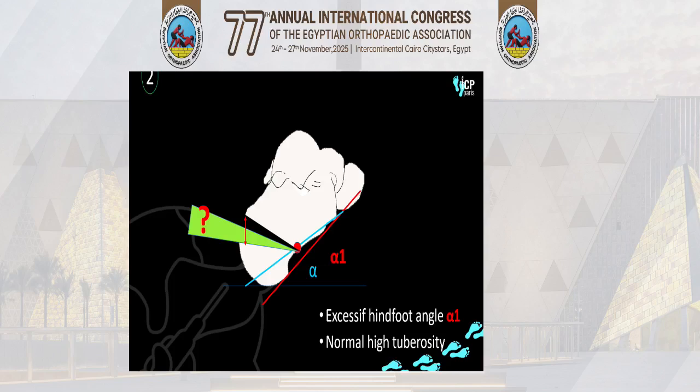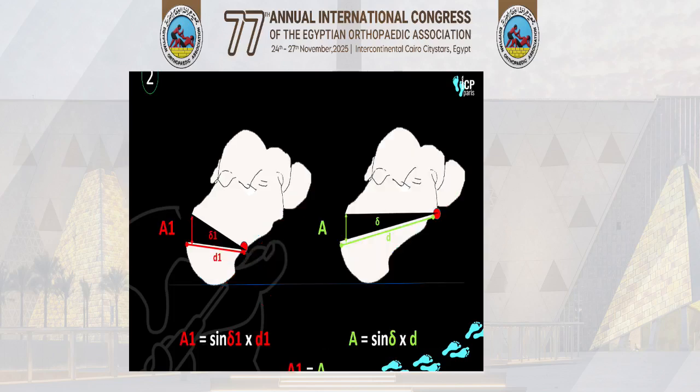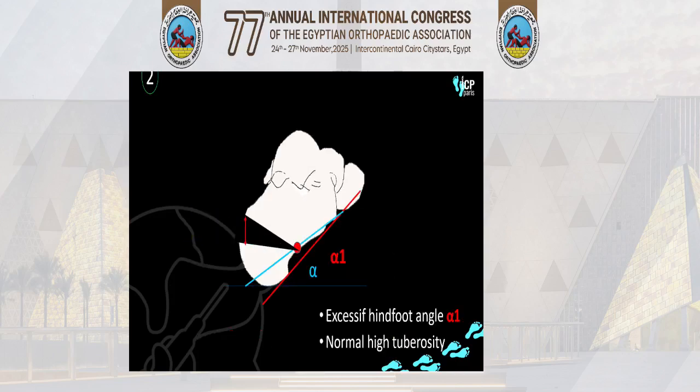So that's mathematics. I'm sorry, I like mathematics. So the solution is here. You decide here that this angle is the measurement we had before between the normal alpha and alpha 1.